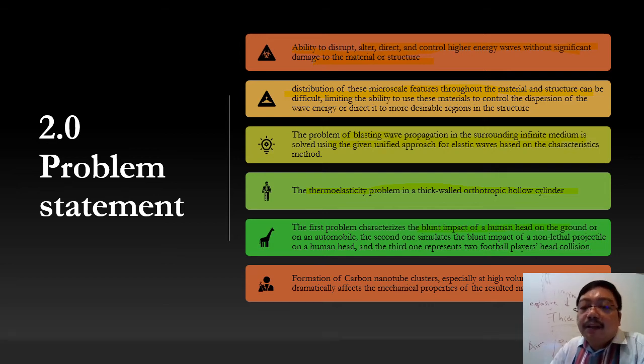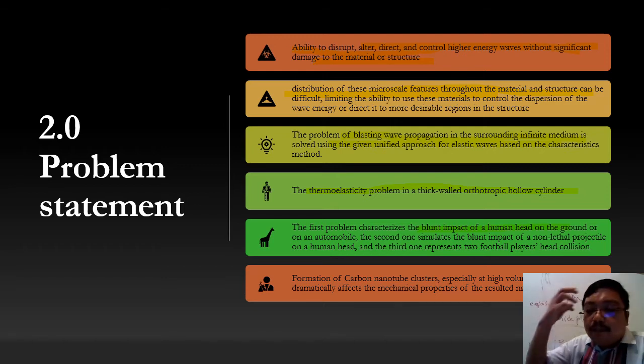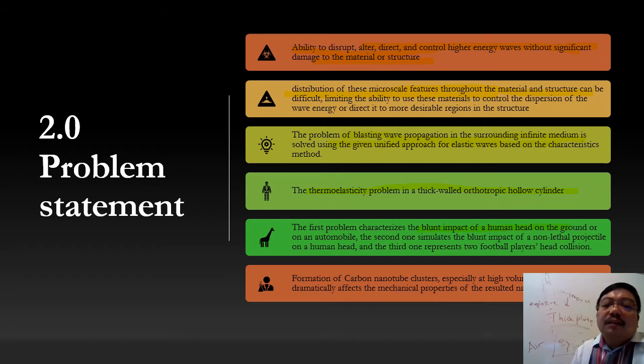Like, say, people playing soccer, playing football, the ball hits the head. The ball comes and hits your head, what will happen to your brain? Okay, people are studying it. Okay, and then formation of carbon nanotube clusters. The reason I am talking about this is because you may repeat this research, and when you repeat their research, you do your own method.